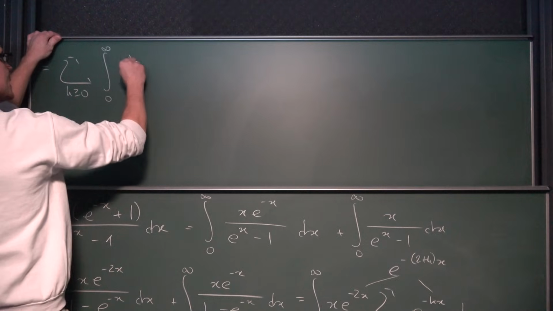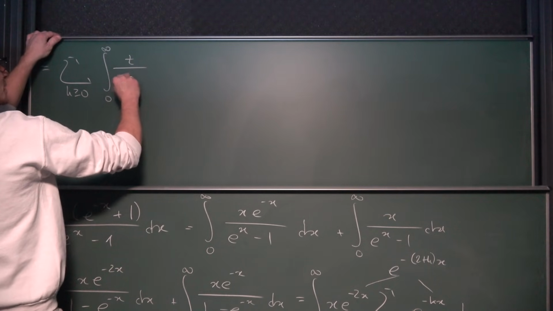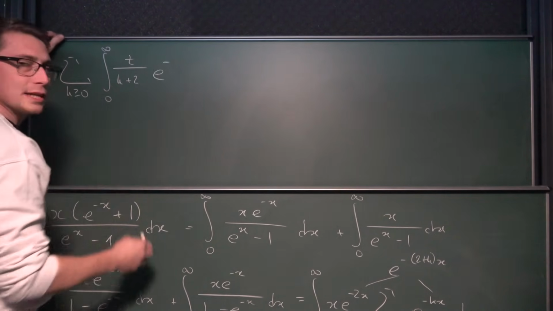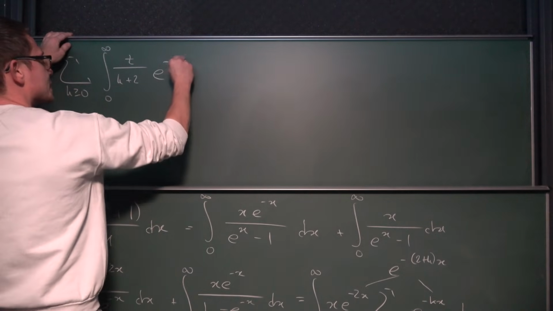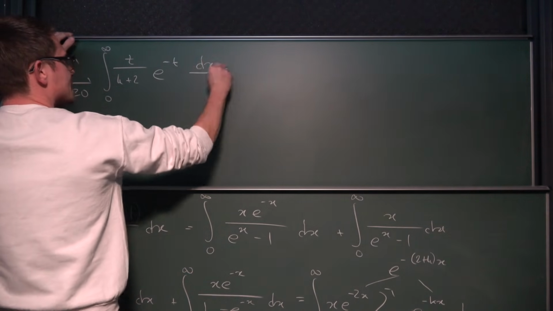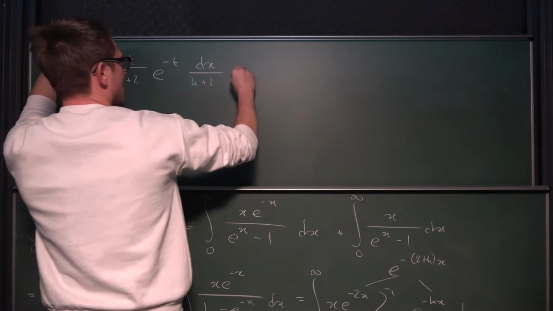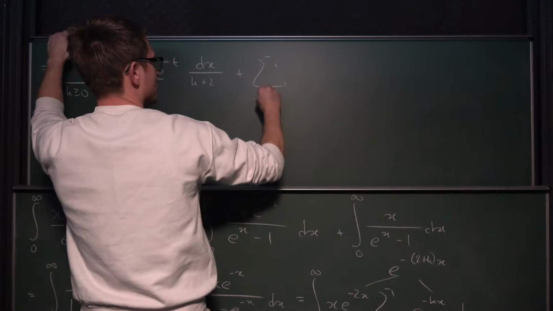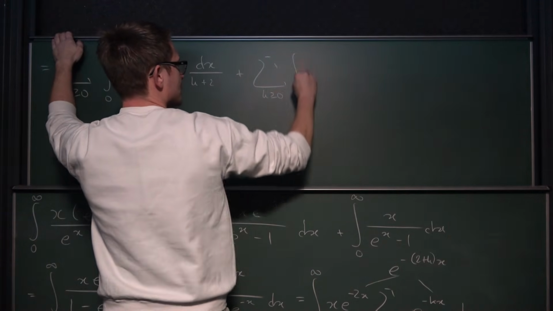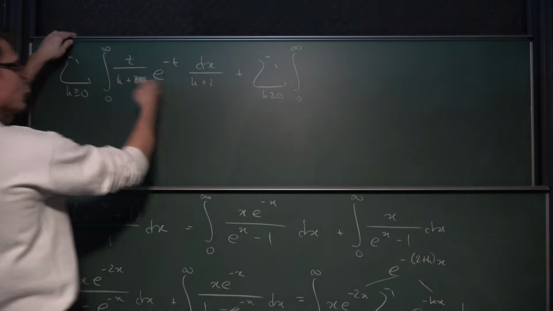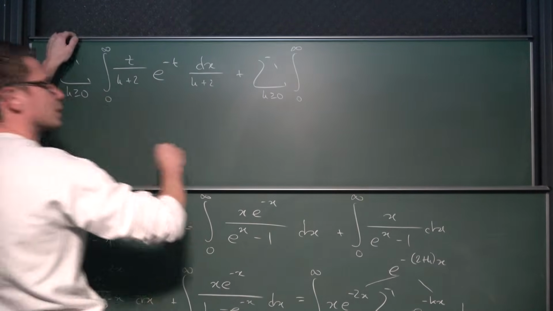So this right here is t divided by k plus 2 times e to the negative t, dt divided by k plus 2, and plus the infinite series ranging over the integral from 0 to infinity of basically the same thing, just with a k plus 1.